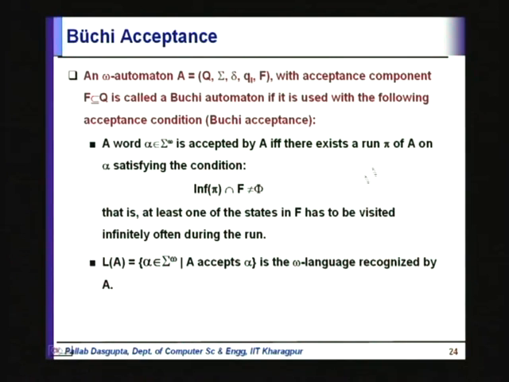In the run pi, at least one of the states in F is visited infinitely often, then pi is an accepting run of the Büchi automaton. Is that clear?